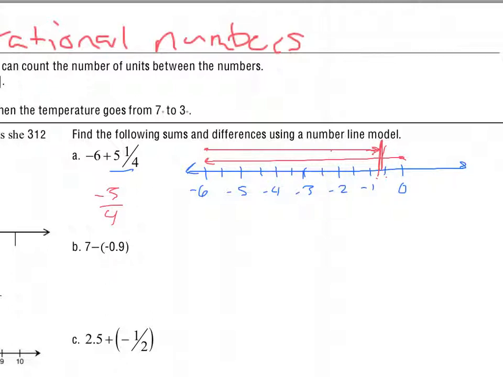Alright, coming in looking at the next one, thinking about this one on our number diagram, I see that we're moving negative 0.9. So on this number diagram, I'm probably going to want to go ahead and count by 0.1s on this one. So I'm going to start here at 7, and we're just going to kind of float off over here, like, oh, hey, there's 0 over here somewhere.